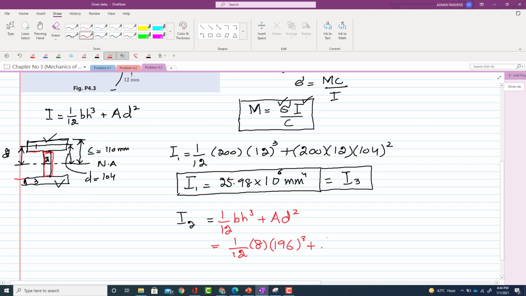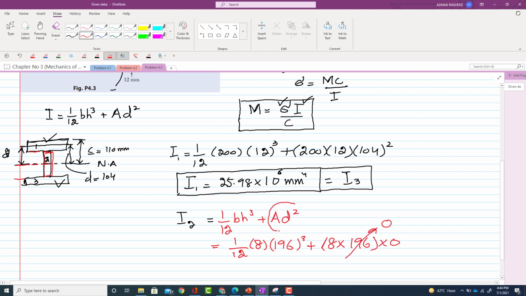Now what is its area? 8 into 196. You can see that this centroidal axis, or neutral axis, is passing through its centroid, so definitely the value of D is equal to 0. So this whole term will be equal to 0.